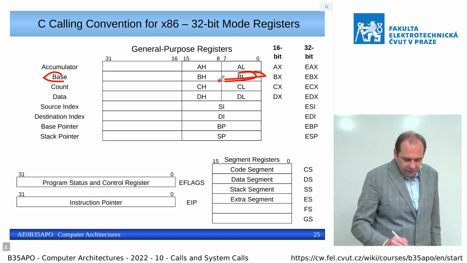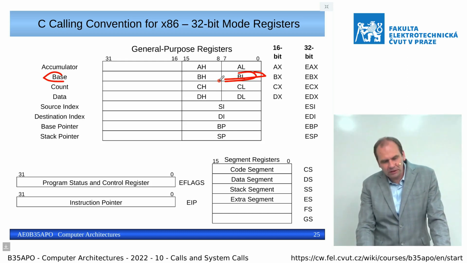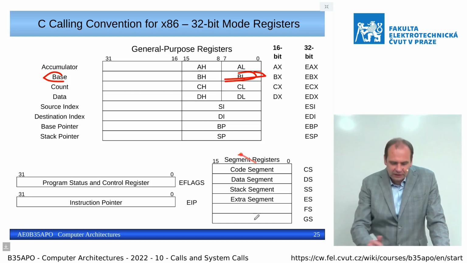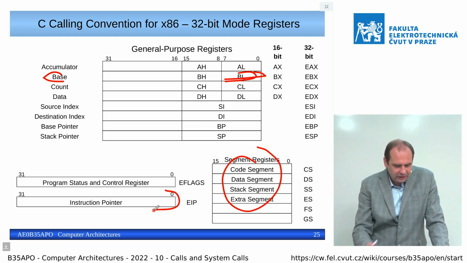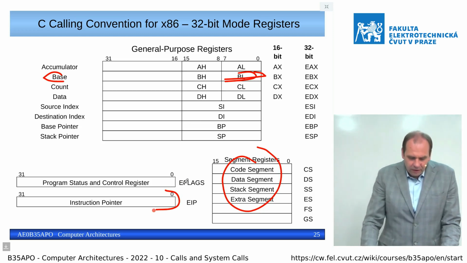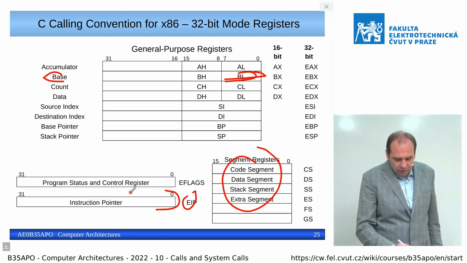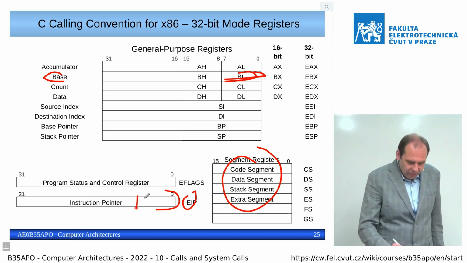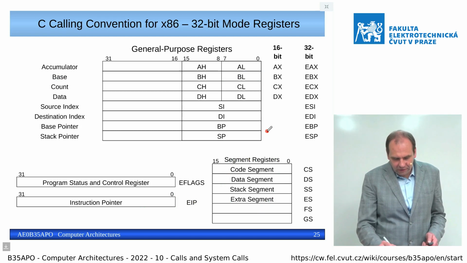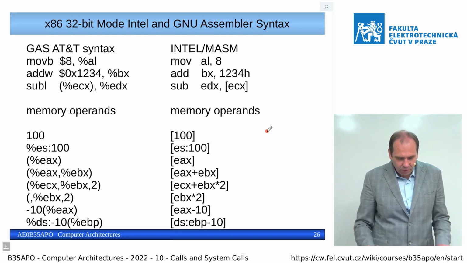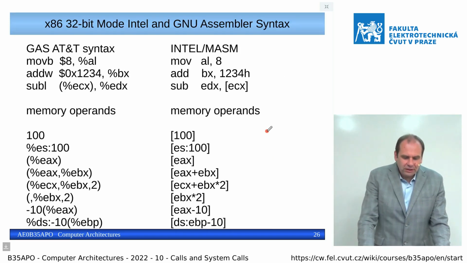So in fact, the number of usable registers on the x86 architecture is very low. And there is a complication with segments and so on. But what is important is that there is the extended IP, the 32-bit IP pointer, which is in fact the same as the program counter. So very quickly we go through the calling and through the syntax.